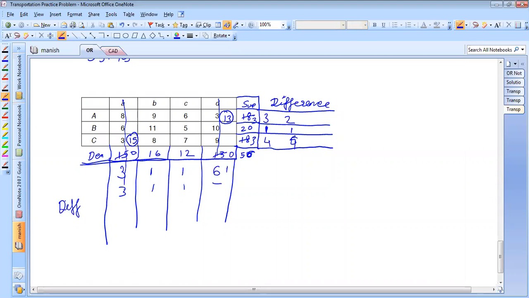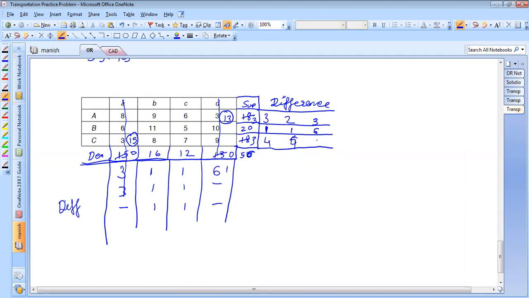We'll eliminate the column. So this is also eliminated. This becomes 1, 1. We are not going to calculate this. This will be dash. So again, we will calculate this. 6 minus 9 is 3. 5 minus 11 is 6.